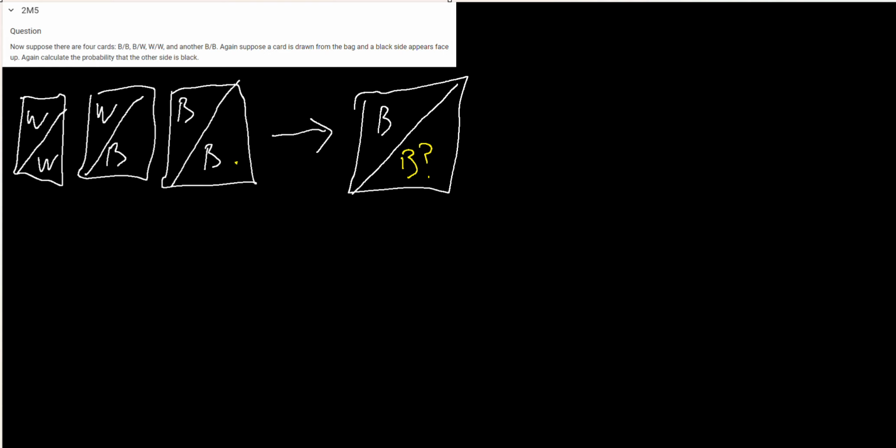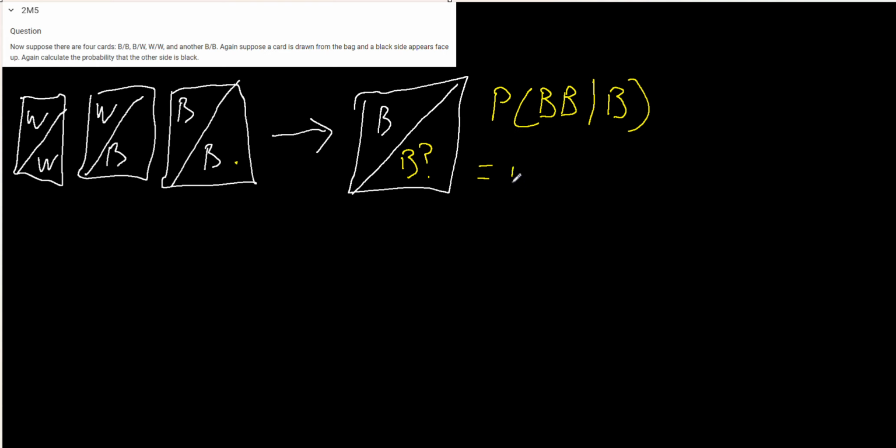Okay. And in that video, we decided that the way to go about this, so if we wanted to figure out the probability that the card we had drawn was in fact black, black, given that we had observed black, is to plug it into Bayes' theorem.